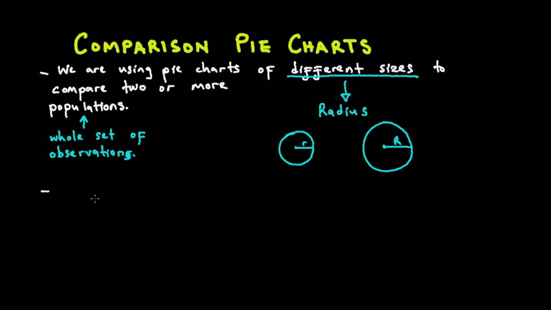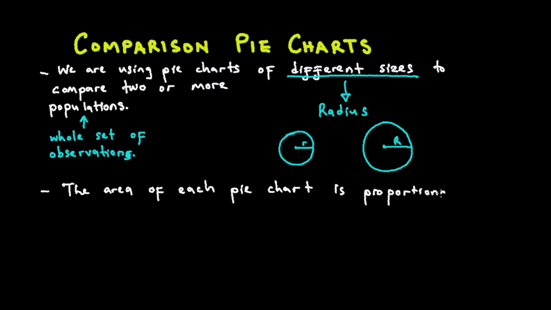Our next point is that the area of each pie will be in proportion to the different population sizes. So the area of each pie chart is proportional to the population size.